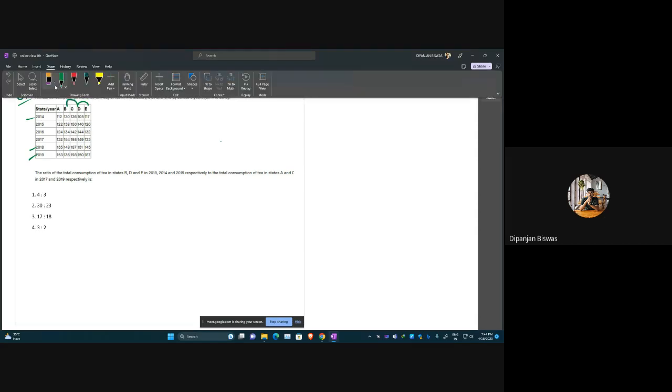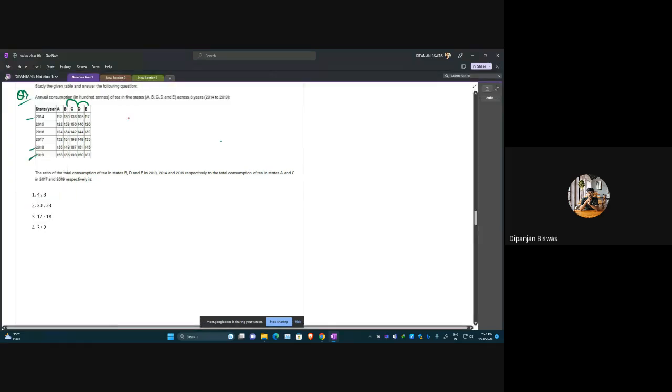Okay, let me take a different color for that. A and C for 2017 and 19. So a lot of summation and division has to take place to solve this question.